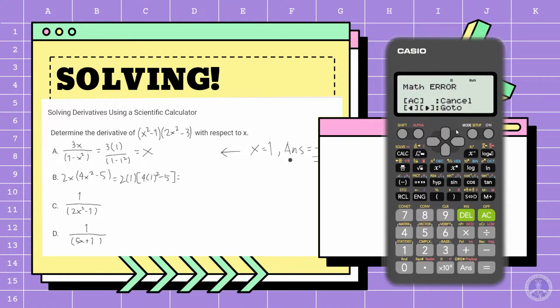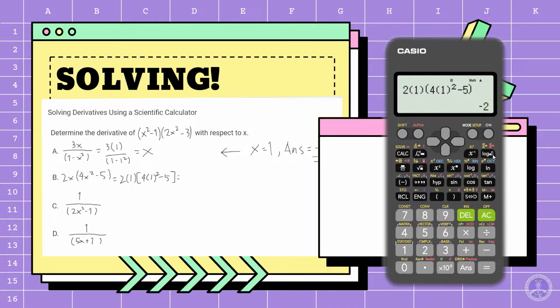So let's check that here on the calculator. There we go. 2 times 1 times 4 multiplied by 1 squared minus 5.